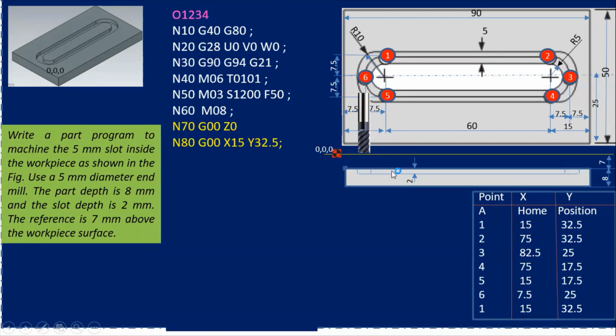We have not considered the component as the reference position, because the reference is given 7 mm above the workpiece. It has to be rapid because there is no cutting action between the tool and the workpiece. Second thing is again the N80 block, G00, x15 y32.5, which means I have to bring this end mill cutter to position 1. You can see here I will bring that cutter.